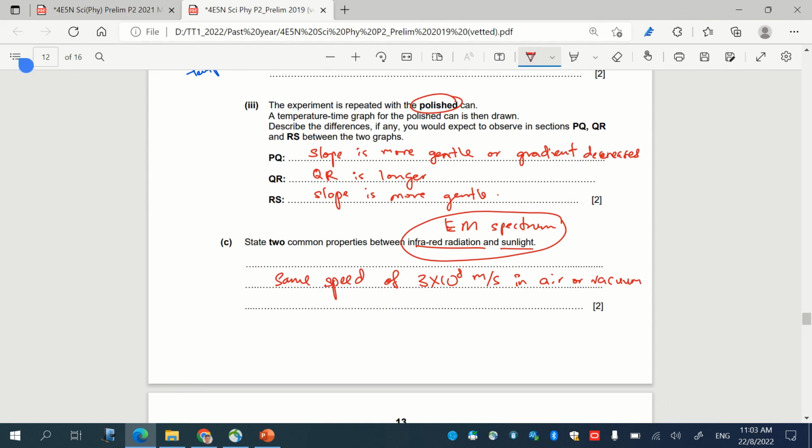Of course, the third common property is that they can all travel in vacuum. If you want to state the speed, please mention 3 times 10 to the power of 8 meters per second in air or vacuum. You must state the medium, because in other media like glass or water, they will travel at different speeds.